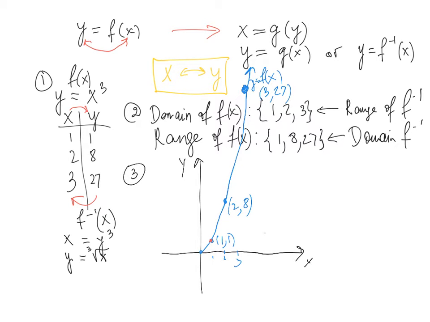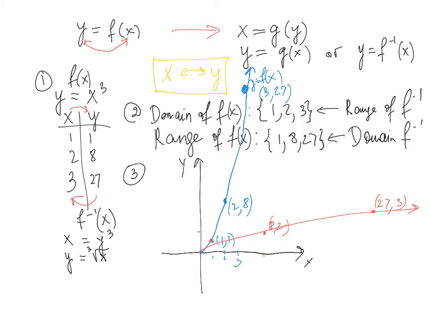So it becomes 8 comma 2. So 8 is now here and 2 is somewhere around here. And then instead of 3 comma 27, we graph 27 comma 3, which is somewhere far away there. And if you connect them, it will be something like this.